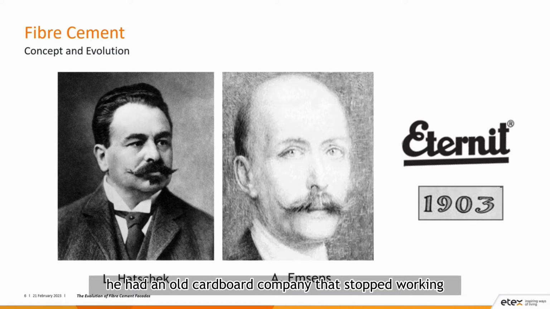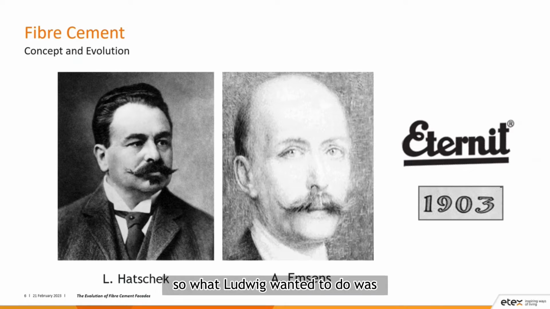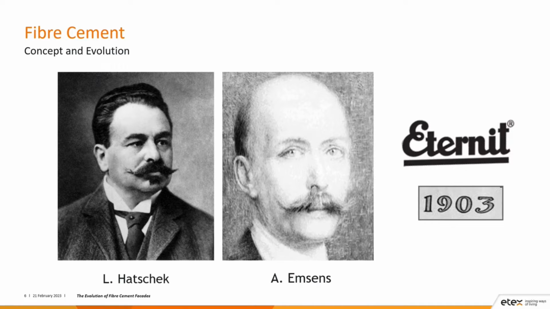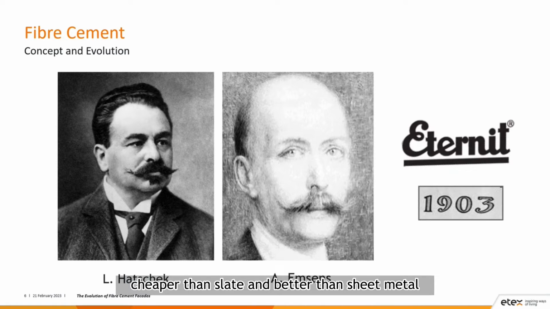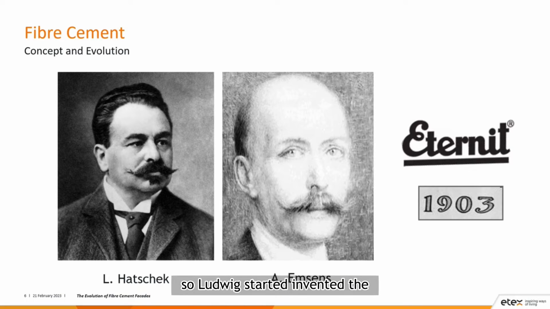He had an old cardboard company that stopped working because of the lack of wood fibres at the time. So what Ludwig wanted to do was experiment with a new material. He wanted something to replace wood, something that was lighter than brick, cheaper than slate, and better than sheet metal. So Ludwig invented the fibre cement material in 1903.